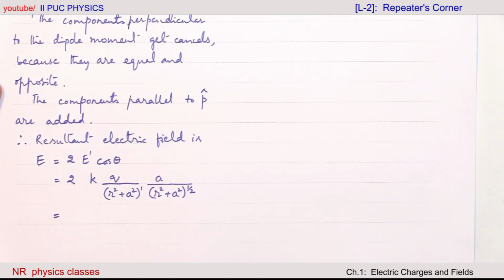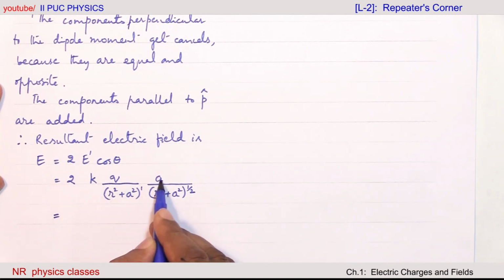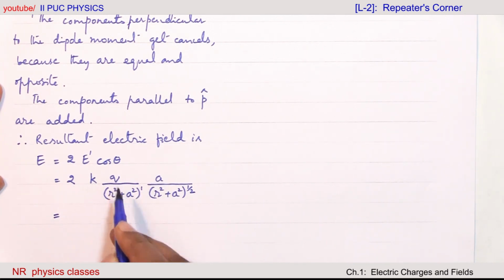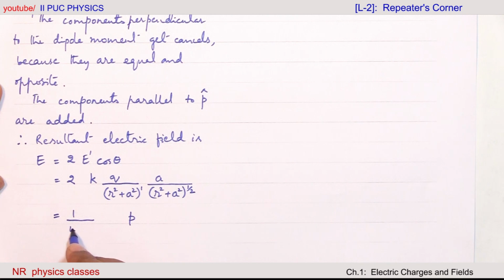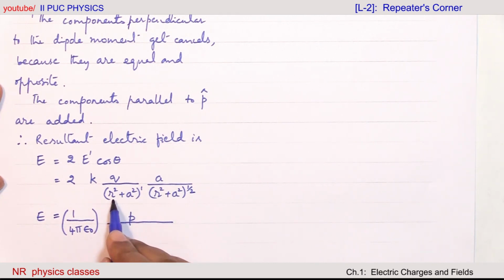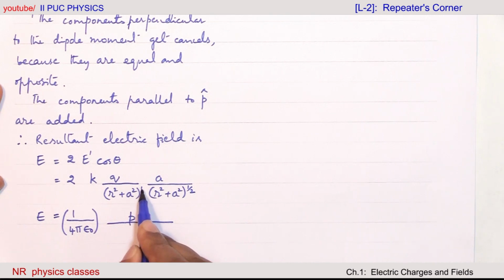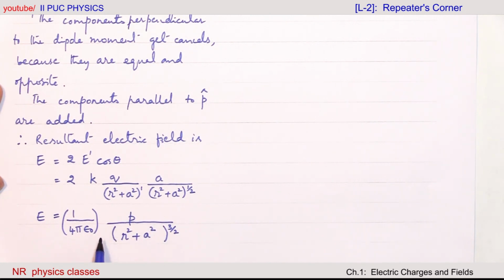Equal to 2a into q is p. Constant is 1 by 4 pi epsilon naught, divided by bracket quantity power 1, same thing power half, is this bracket power 3 by 2, r square plus a square. This is the expression for electric field due to a dipole.